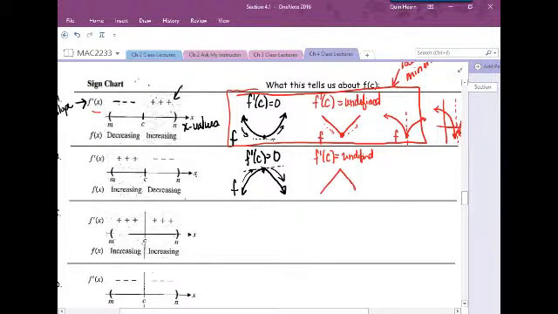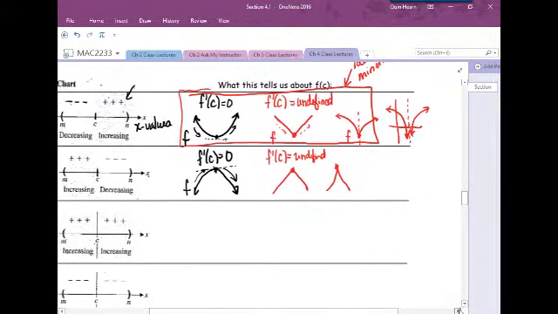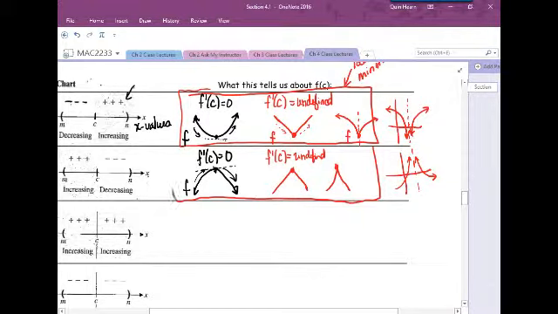What if the derivative is undefined at that point? So if f prime of c is undefined, it could be that it increases and decreases but has a sharp point, right? Or it could be the original function was undefined at that point. So we increase and then we decrease, and there's no relative maximum because the function was undefined.